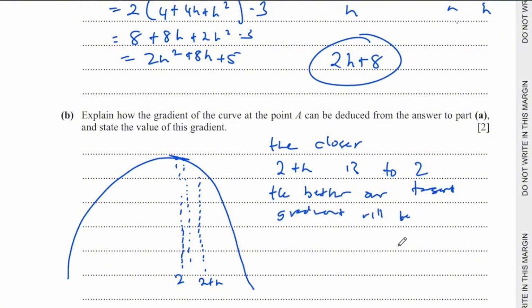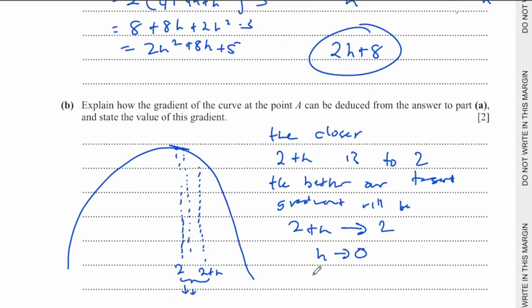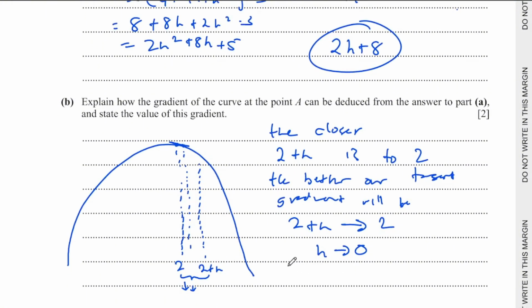In fact, as h approaches 0, meaning as 2 plus h becomes 2, the distance between 2 and 2 plus h becomes smaller and smaller, right? As h approaches 0, you're drawing the chord, and remember for a chord you just need 2 points, and if those 2 points are very, very close together, you're going to get a very good estimate of what that line would be at the point 2.